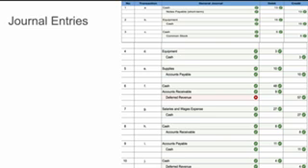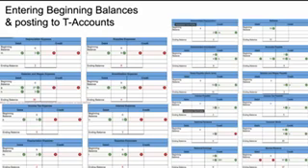Here I'm showing the T accounts that I have, just updating them, keeping them up to date. However, this is the adjusting trial balance T accounts.